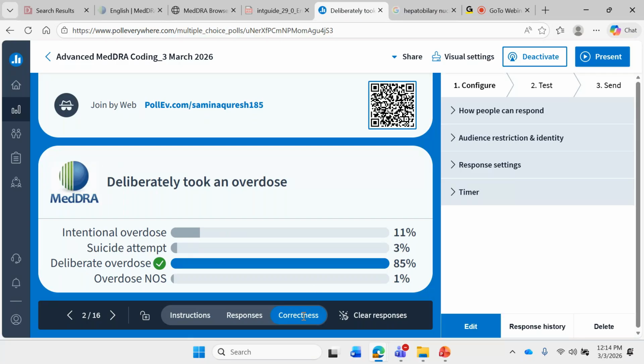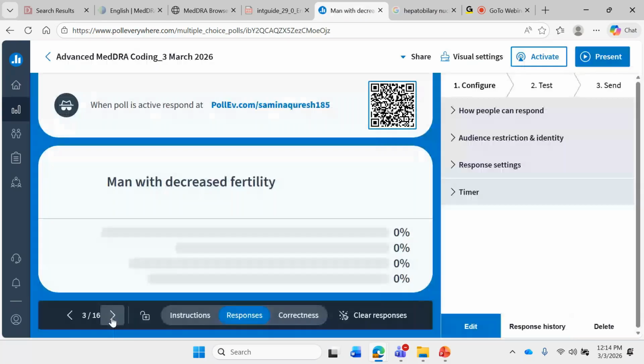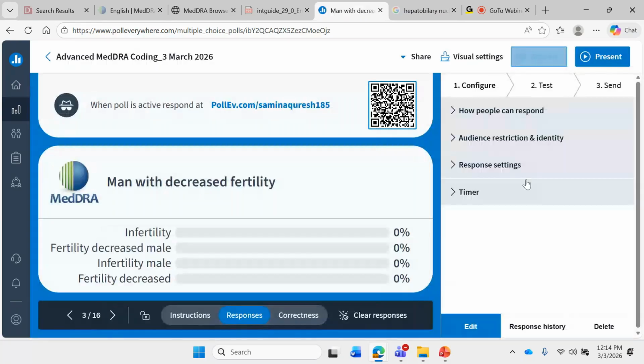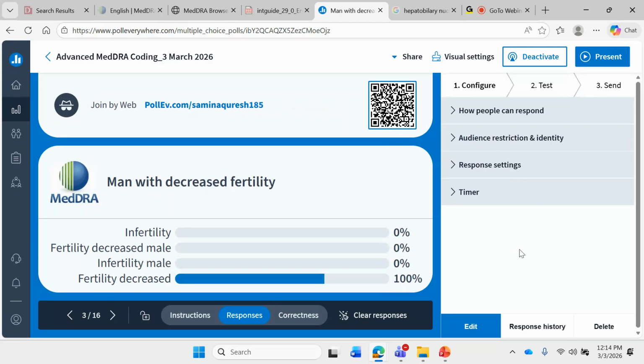Okay. So let's go to the third one. I'm going to activate it. Man with decreased fertility. What would be the best match for this? Okay.